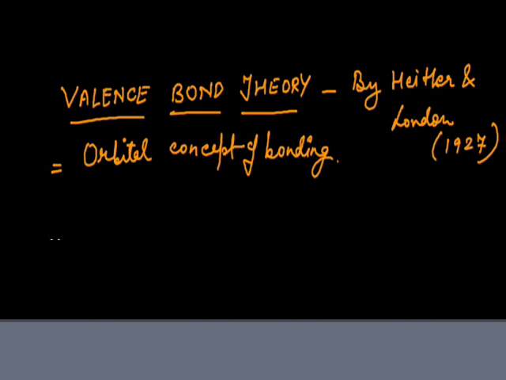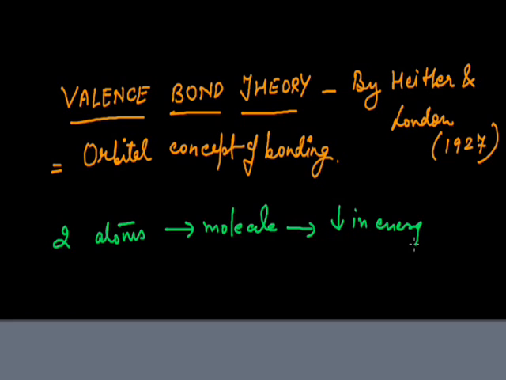According to this theory, when two atoms approach each other to form a molecule, there occurs some decrease in the energy of the system, or else we can say it is accompanied by the decrease of energy.